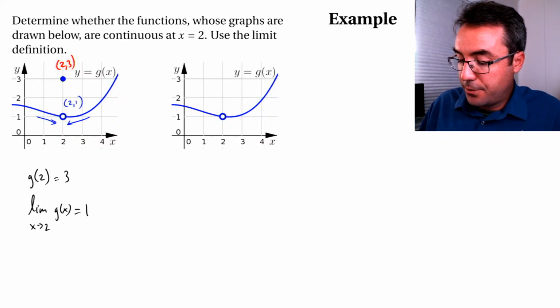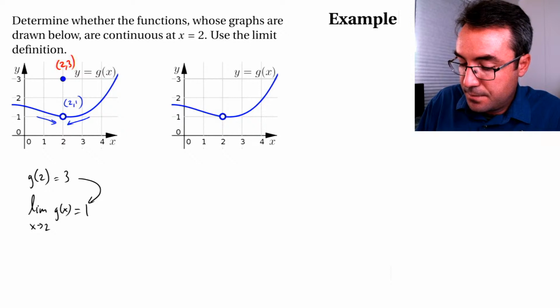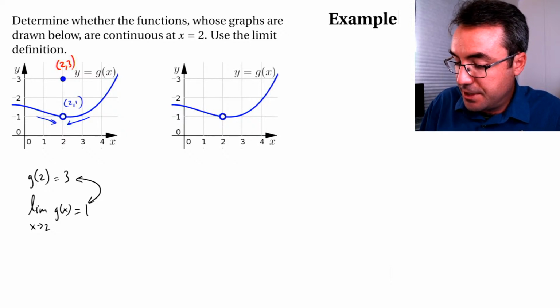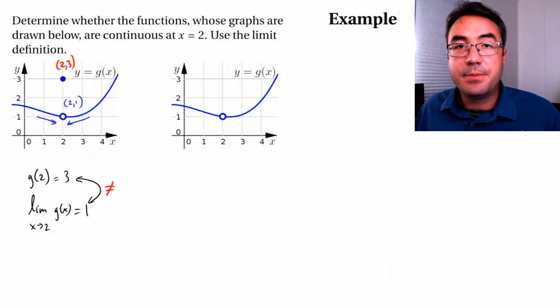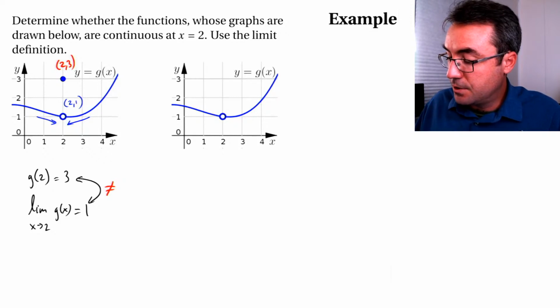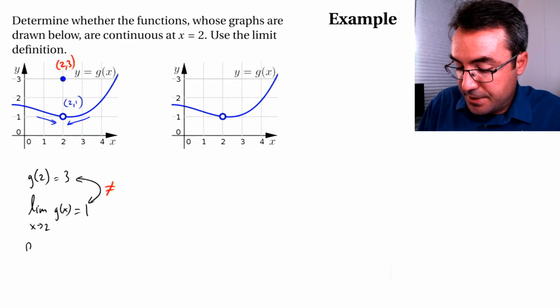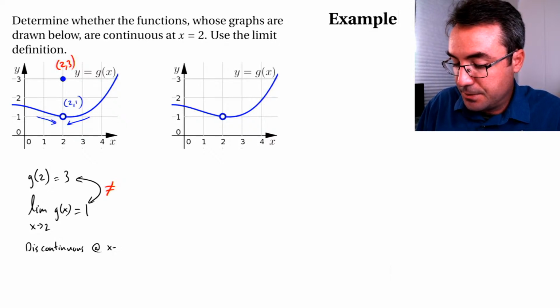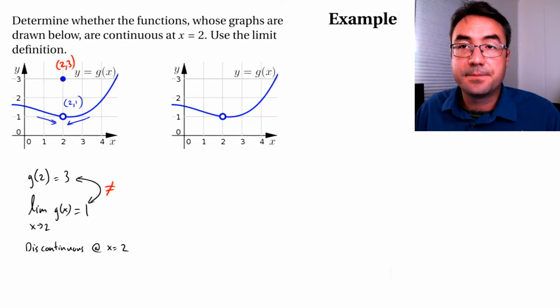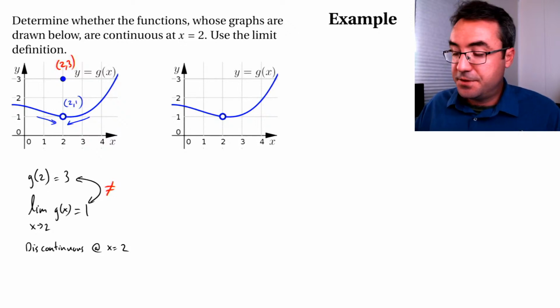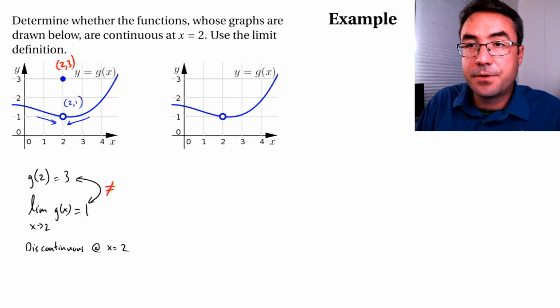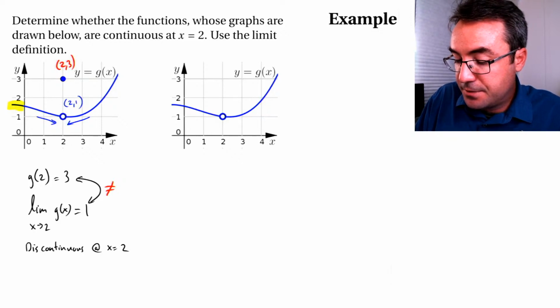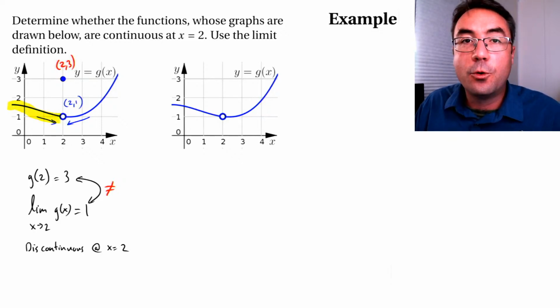And if we compare the results here, if this function was continuous, these had better be equal to each other, but they're not. They're not equal. So what we're seeing here is this function is discontinuous at x equals 2. It's not continuous there. And you can see that if you imagine tracing over the graph. We start on the left and we get to that open circle.